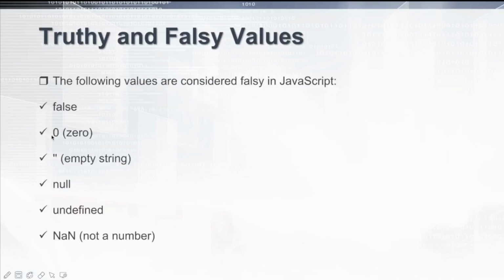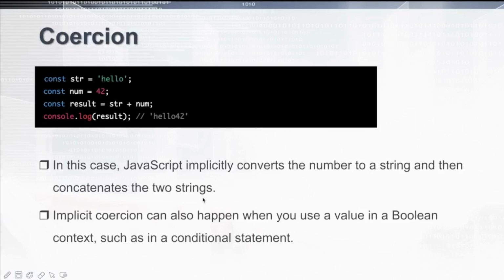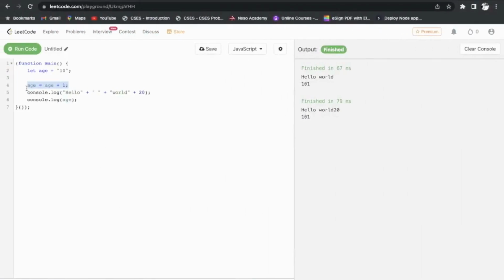We are going to treat that in the next video. This actually leads us to truthy and falsy values. This last statement says implicit coercion can also happen when you use a value in a Boolean context. Normally, when you are writing an if statement, you are supposed to provide something like this.